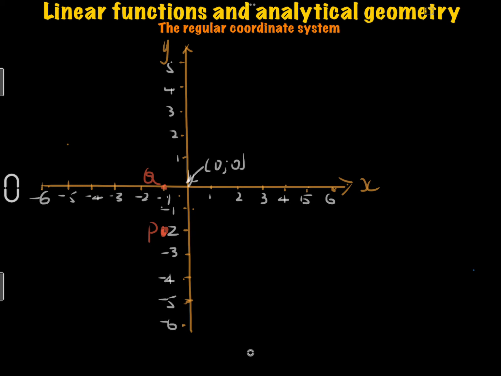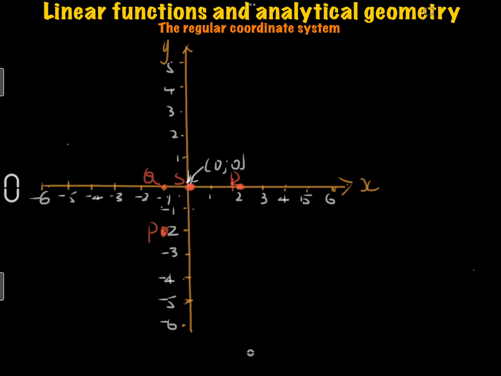So y is 0, and x is 2. So R is this point here, on the line where 2 is. S is the origin. Our x is 0, and y is also 0. So we have this intercept here where they both intersect. So we have point S.